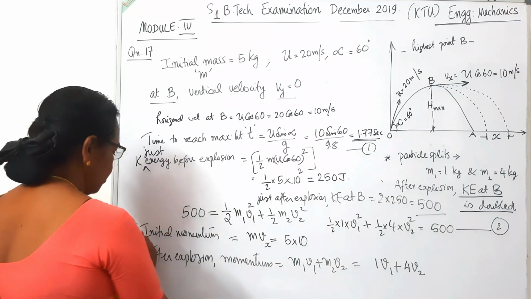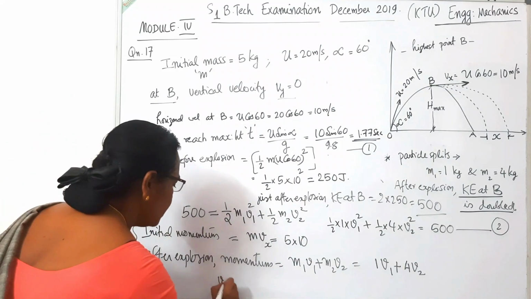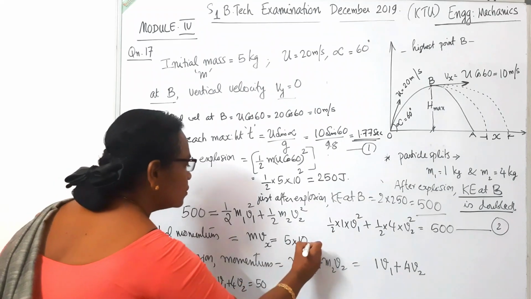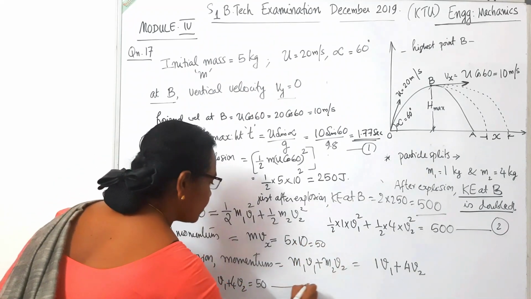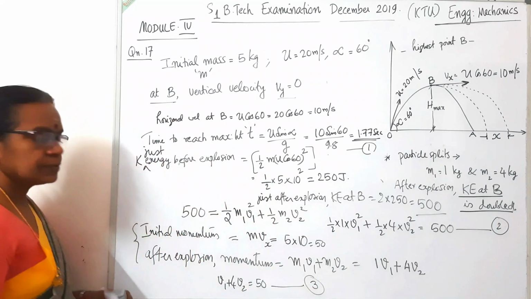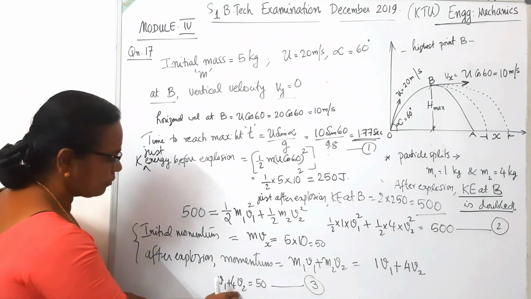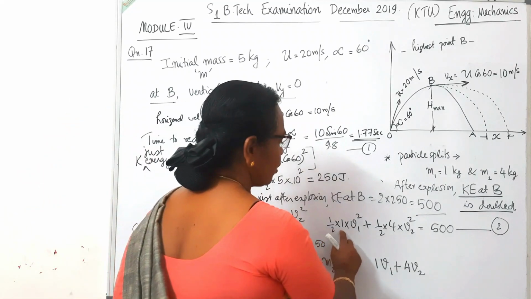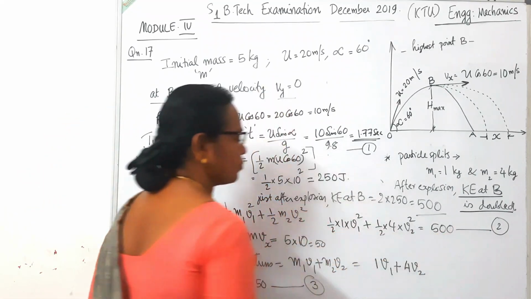Let us equate these two. We can write v1 plus 4 v2 is equal to 50. This is equation 3. So we have an equation connecting v1 and v2: v1 plus 4 v2 equals 50. Here, 0.5 v1 square plus 2 v2 square is equal to 500.